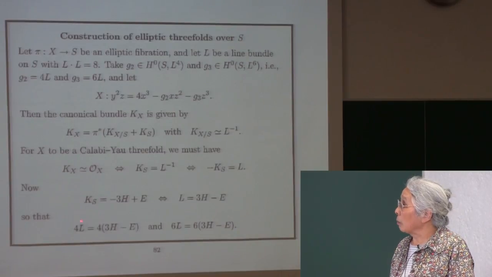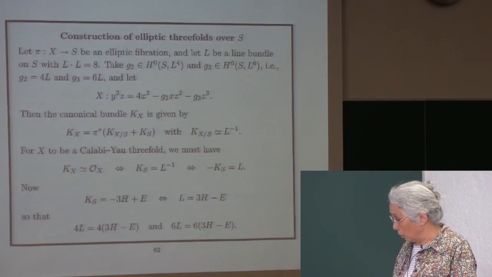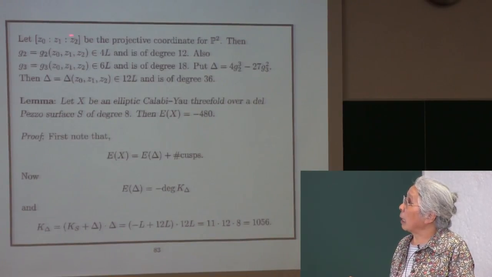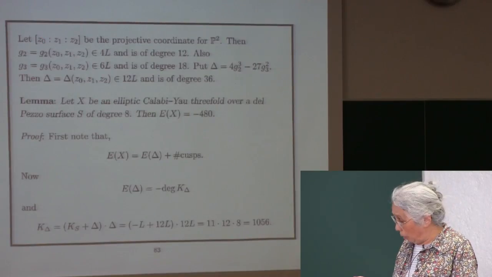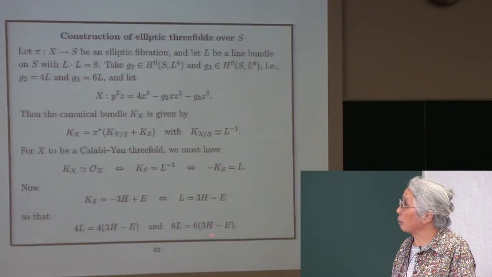Okay, so 4L is 4 times this, and 6L is 6 times this. These are the Calabi-Yau conditions, and all these are computed.